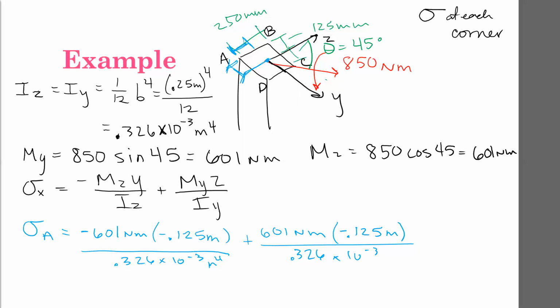The moment about the z-axis, which is this one here, is going to be causing tension at point A. You know that because you have this negative times negative, which is positive. And then the moment about the y-axis is going to be causing compression at that point, because we just have this one negative sign. And that should make sense given the directions of those moments.